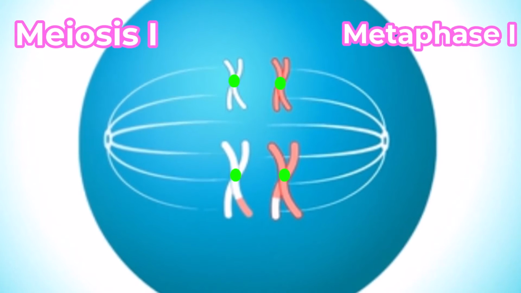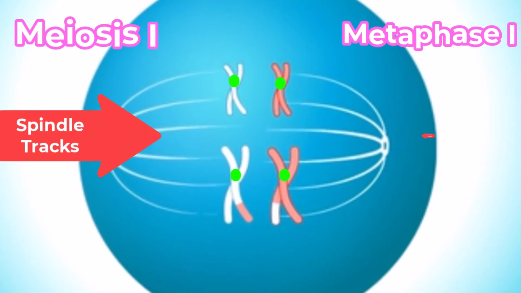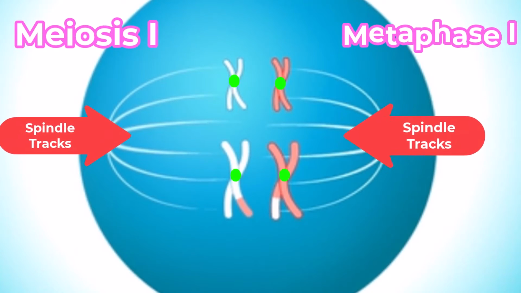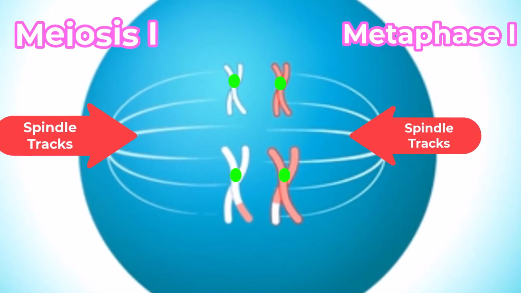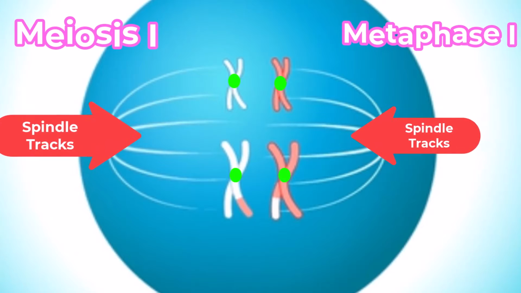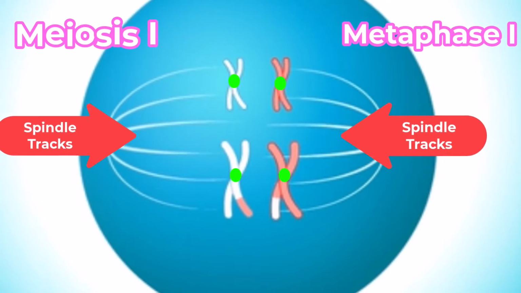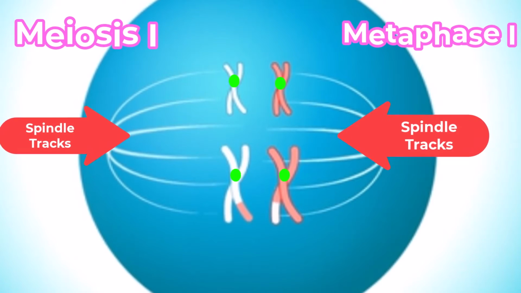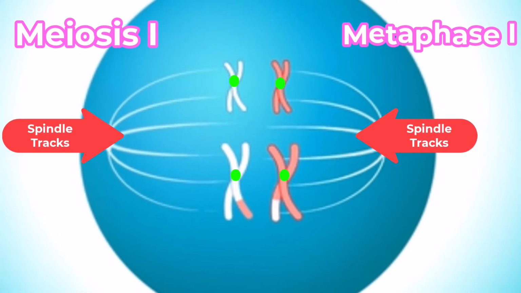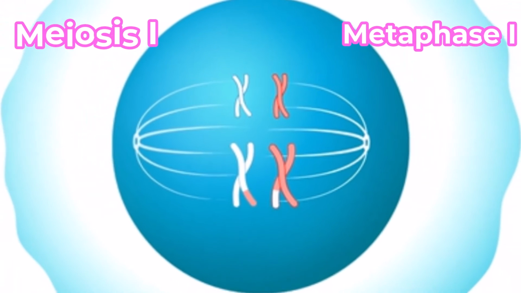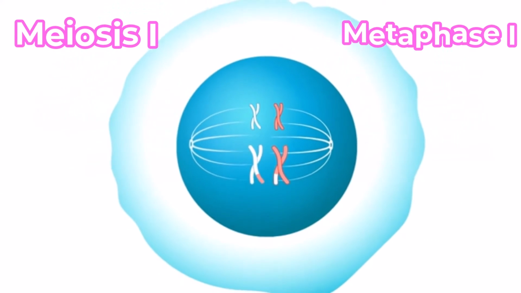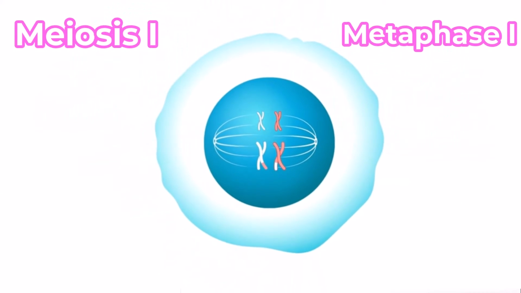These centromeres are then anchored to the spindle tracts. For each chromosome pair, the spindle tracts attach to only one homologous chromosome from one pole of the cell. The tracts attach to the other chromosome from the opposite side of the cell. With this arrangement, the homologous chromosomes are poised to move towards opposite poles of the cell.